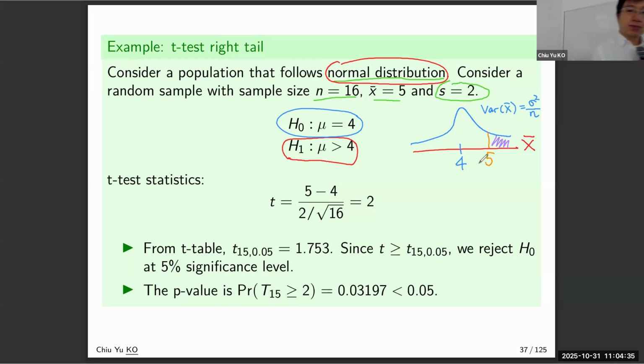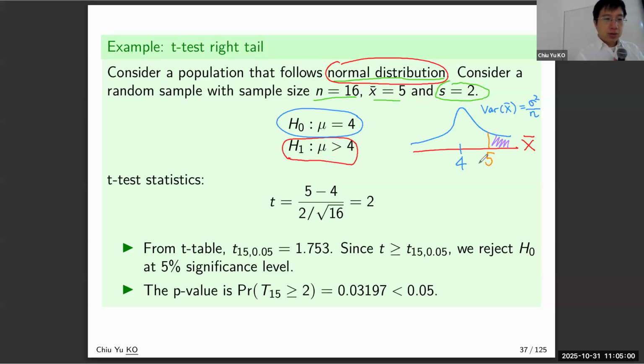That's the idea. The problem is, if we knew sigma squared, then we could calculate the purple thing directly, because that's something we would know already. But the problem is we don't know sigma squared, so we really can't calculate this purple area. How can we do that?